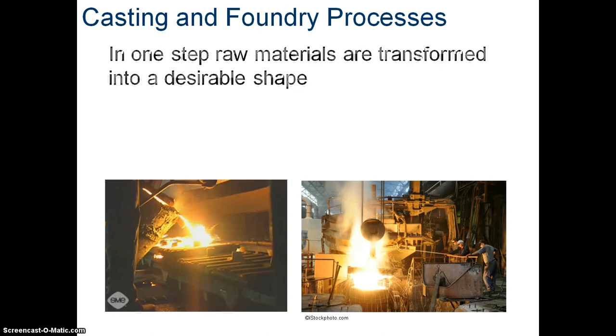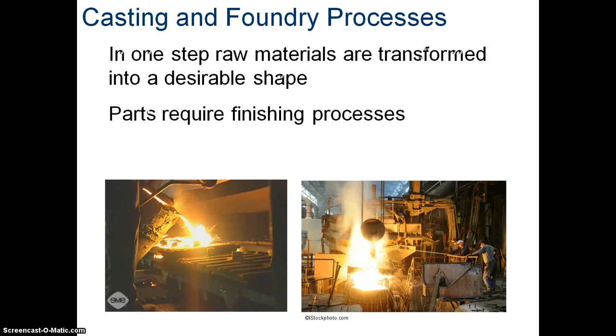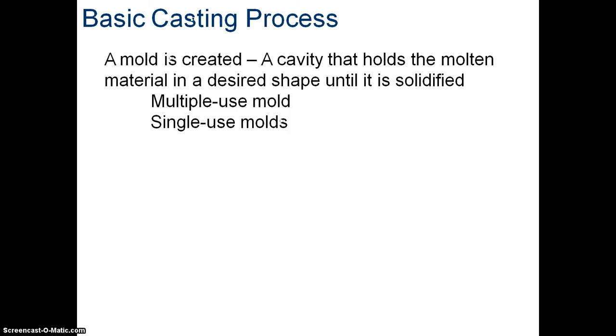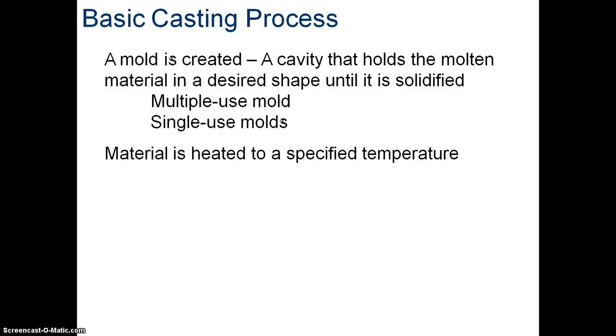Casting and foundry process: in one step, raw materials are transformed into the desired shape. Parts require a finishing process. Excess material is recycled. In the basic casting process, a pattern is created and then the mold is created, and multiple molds can be created.